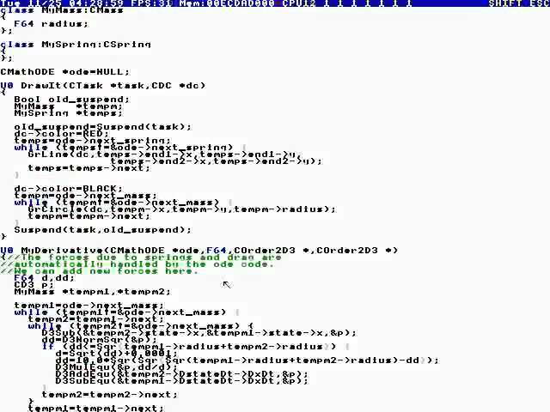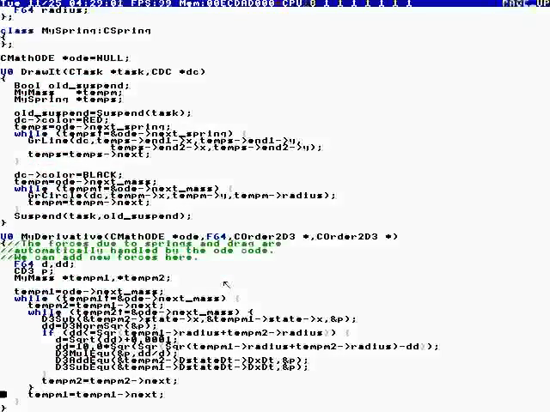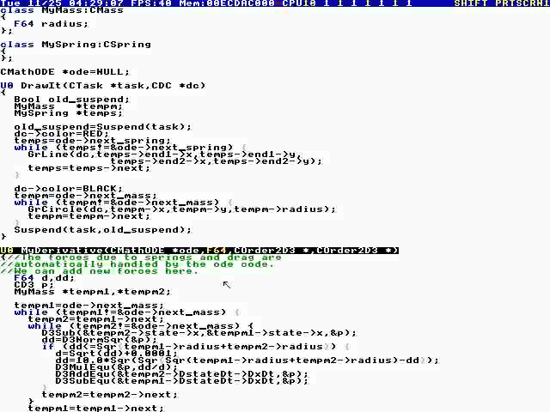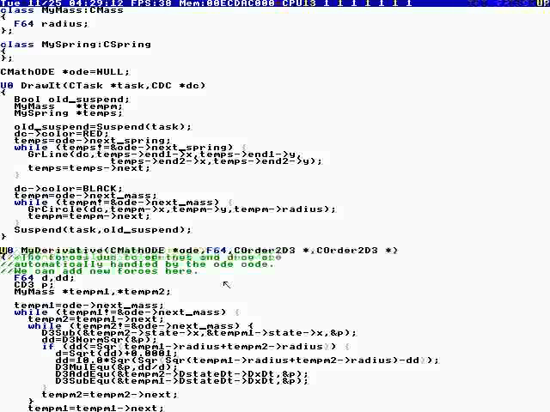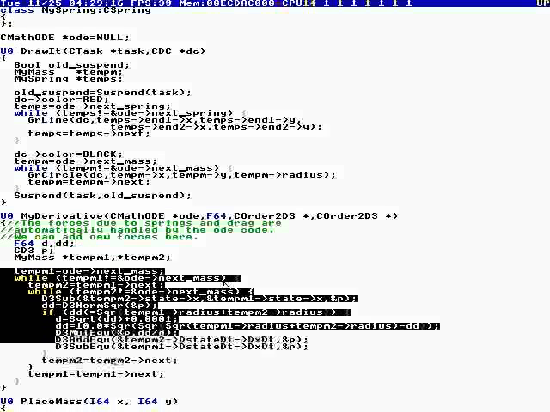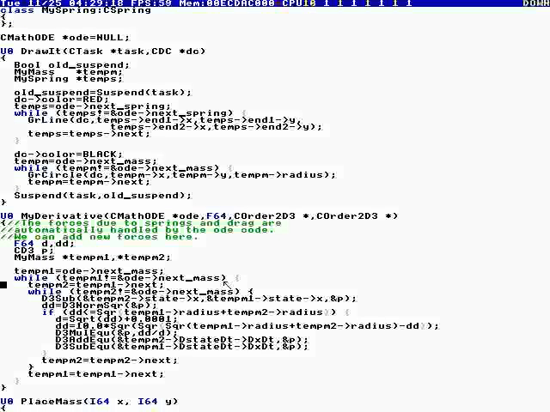The way you use the differential equation solver is you make a derivative function, and it already handles the springs. What the derivative function tells it is: the derivative of position is velocity, the derivative of velocity is acceleration.